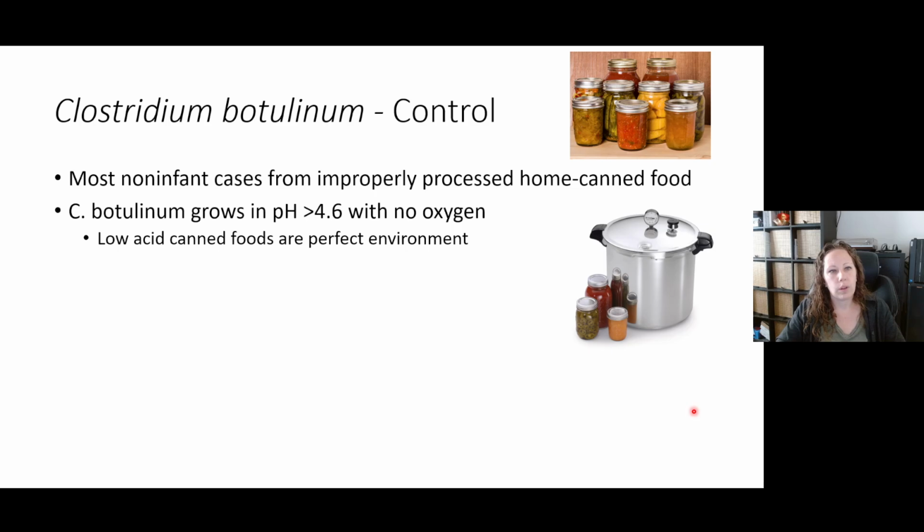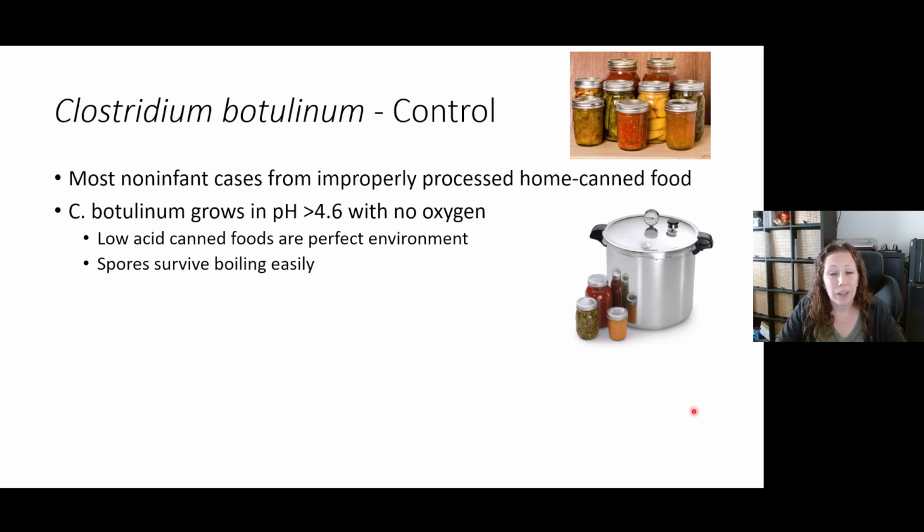And so canned foods that are made with low acid foods, so like tomatoes would be a high acid food, jams and jellies are a high acid food, but things like green beans or meats, things like that, these are low acid foods, and these are a perfect environment for Clostridium botulinum because there's no oxygen and the pH is greater than 4.6.